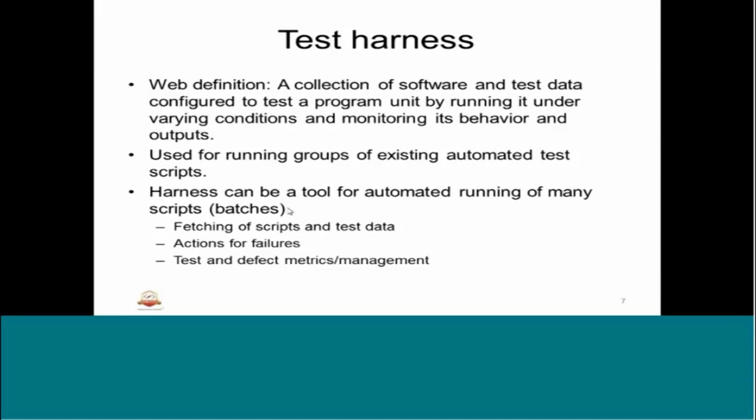So there is a difference between a test running tool and a test harness. The test running tool is something like an underneath piece of activity. The test harness is above that, which will help in terms of automating and running at a higher level.